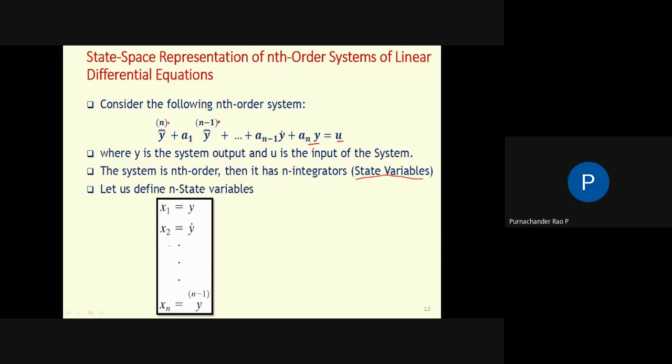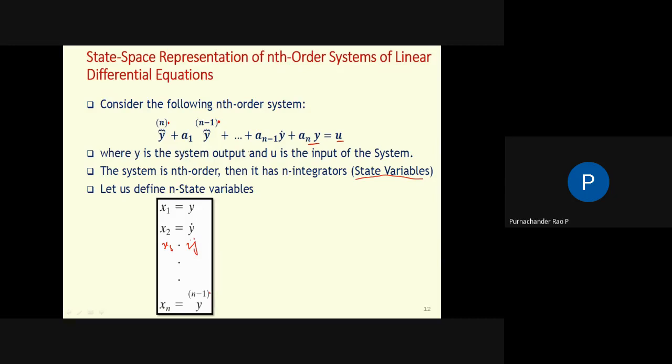Then x2 is equal to y dash, x3 is equal to y double dash, and so on, up to xn equal to y to the n minus 1 dot. This is the assumption of the n state variables.